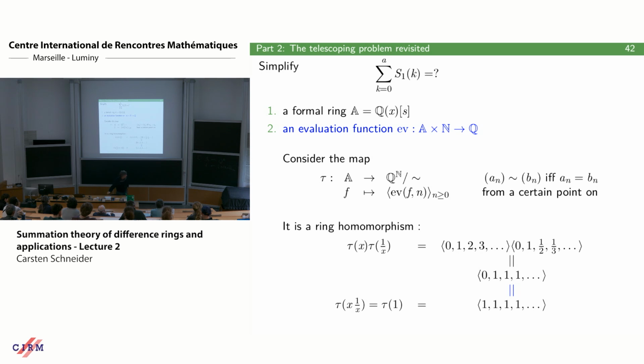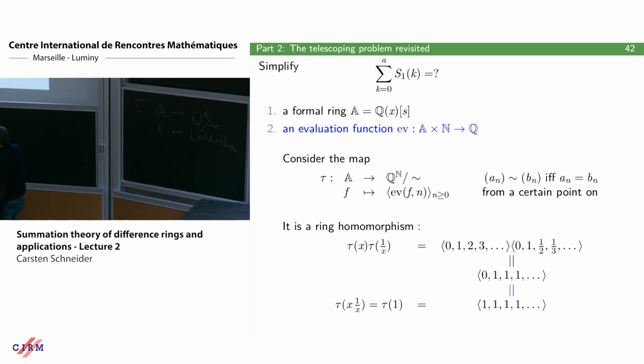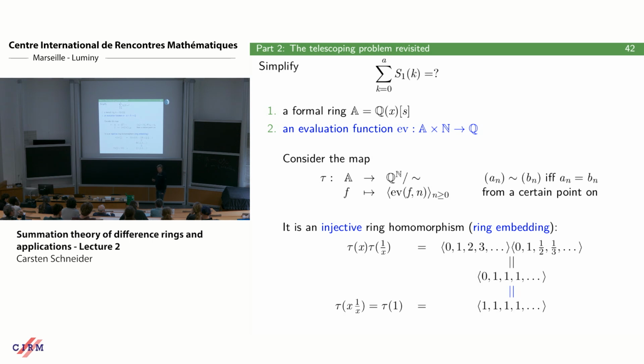Okay. So if I factor out here, then I get a ring homomorphism, really. It's even better. It's an injective ring homomorphism. If I want to show it like that, it's not so obvious to see that it's injective.